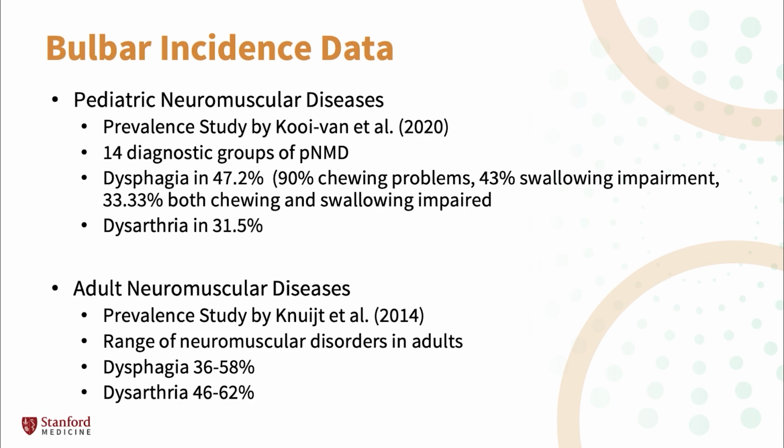For adult neuromuscular diseases, I just picked one of the papers that was done quite well, and you can see pretty substantial numbers of adults across a range of neuromuscular diagnoses as having dysphagia and dysarthria.